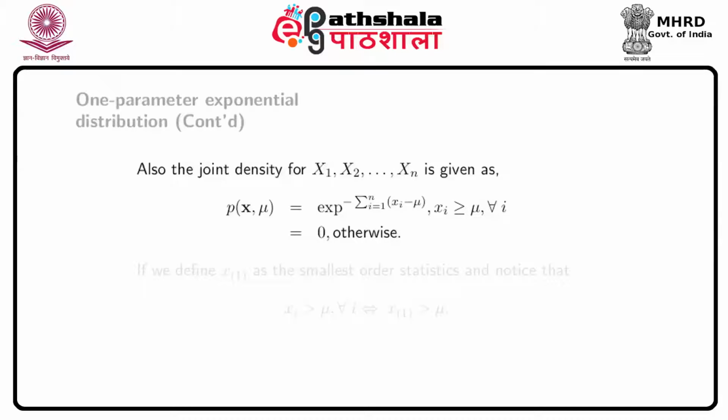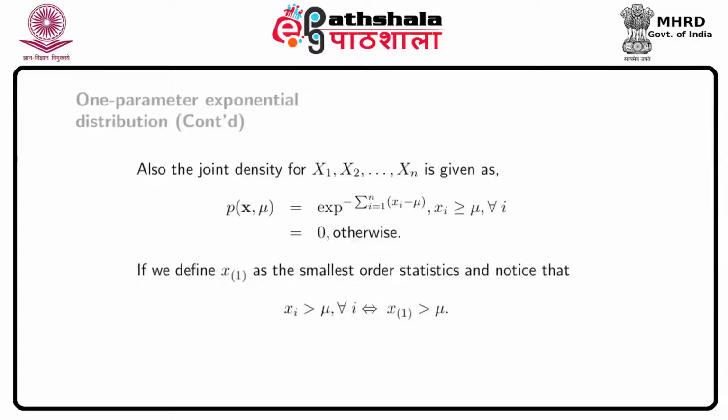Also, the joint density of x1, x2, ..., xn is given by p(x, mu) equal to exponential of minus the summation over i from 1 to n of (xi - mu), where xi is greater than or equal to mu for all i, and 0 otherwise.